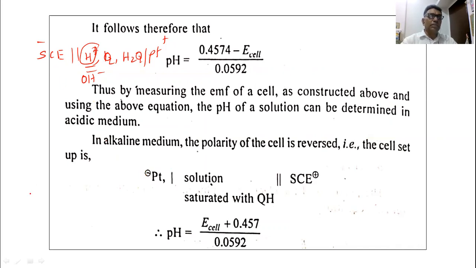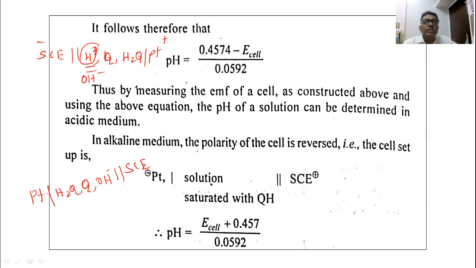So the cell can be constructed in this way: platinum in contact with hydroquinone, quinone, and hydroxyl ion solution, saturated calomel electrode. Now it is on the right hand side because the medium is changed here, alkaline medium. So we can write the cell in this way also.